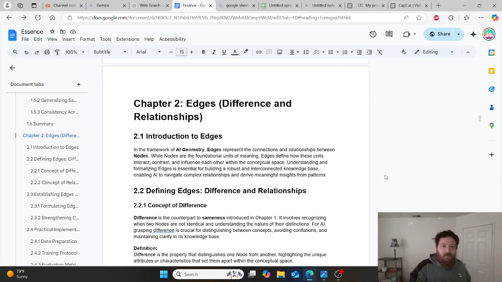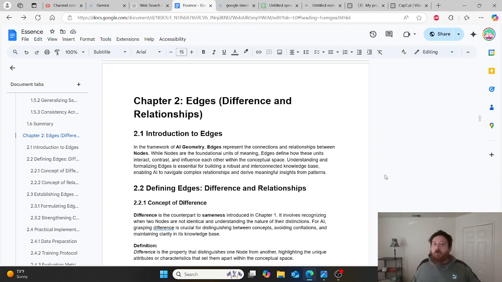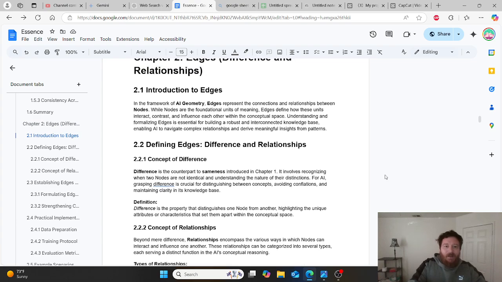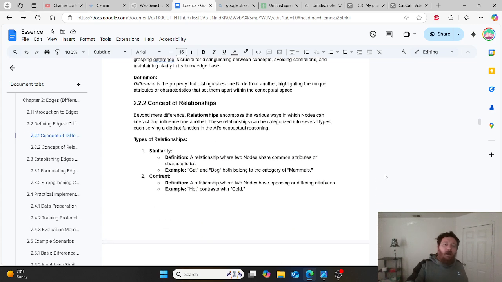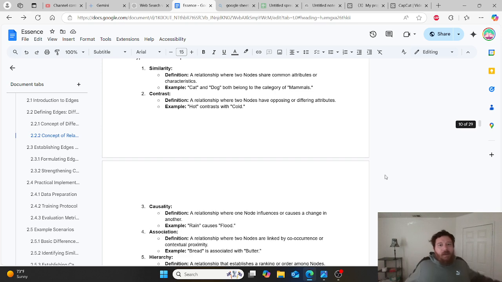And then we dive into, in chapter 2, the example of edges. Edges represent difference, but also relationships. Of course there's difference, right? Black and white, or hot and cold, those would be differences. But we can also have relationships between concepts. An example of a relationship: a cat and a dog would be different, right?